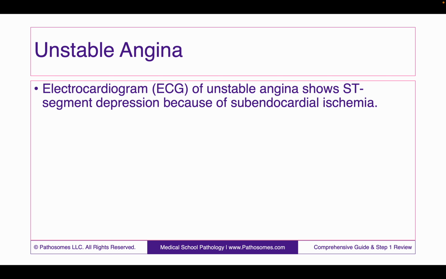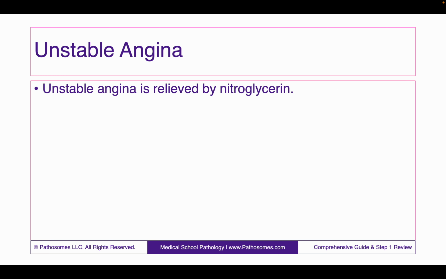Electrocardiogram of unstable angina shows ST segment depression because of subendocardial ischemia. Unstable angina is relieved by nitroglycerin. Now you might be wondering, why nitroglycerin? Well, remember, nitroglycerin acts on the smooth muscles of those vessels, causing them to dilate.